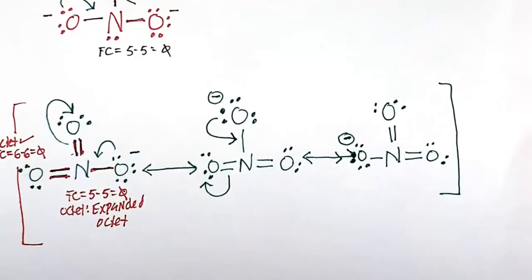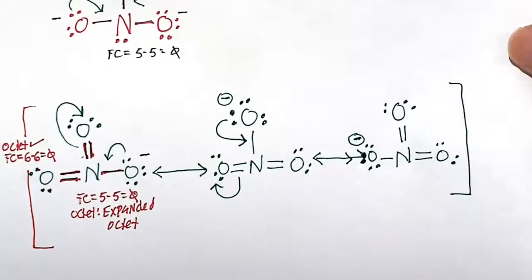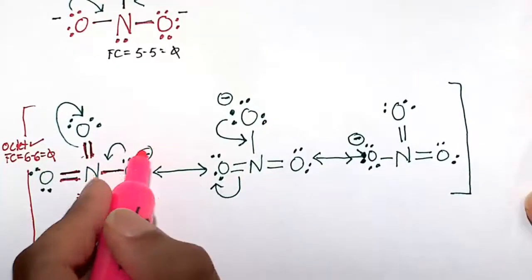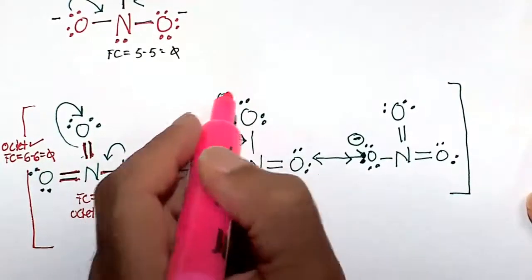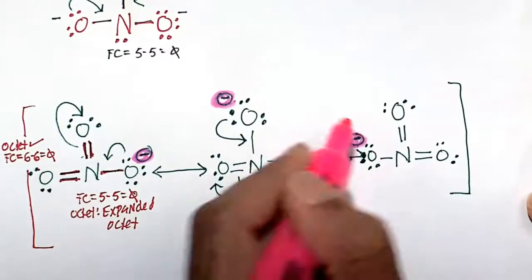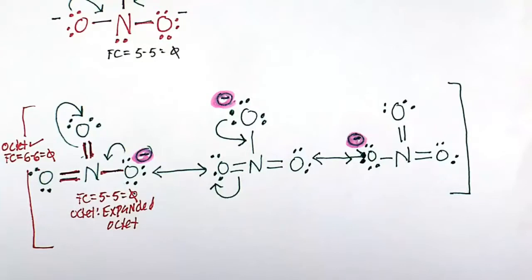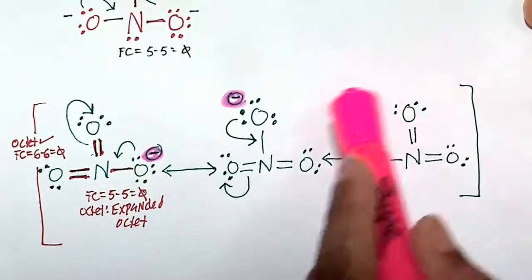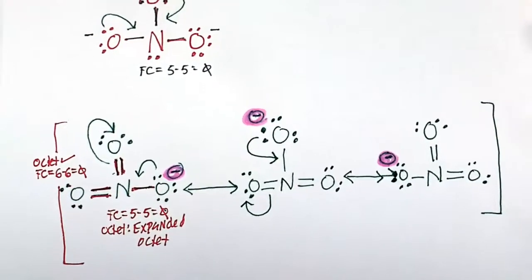All right, so let's get our highlighter here and recognize that the minus formal charge of the nitrate, in this form, was located on this oxygen atom. In this resonance form, it was located on the top oxygen atom. In this form, it's located on the leftmost oxygen atom. So notice the minus sign has delocalized. That's a key point in resonance structures.